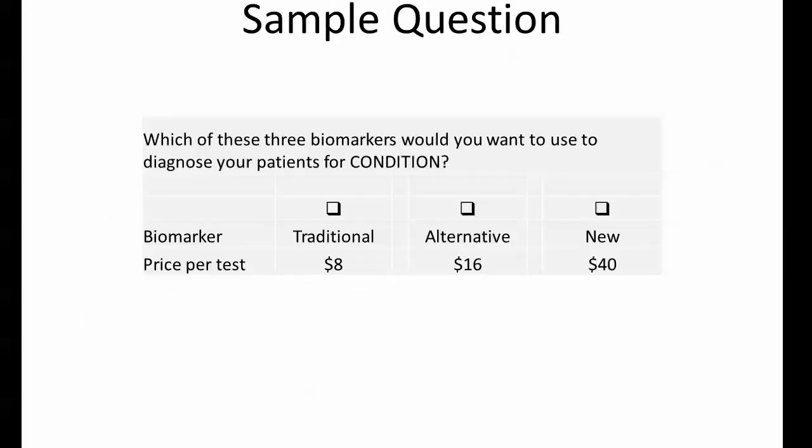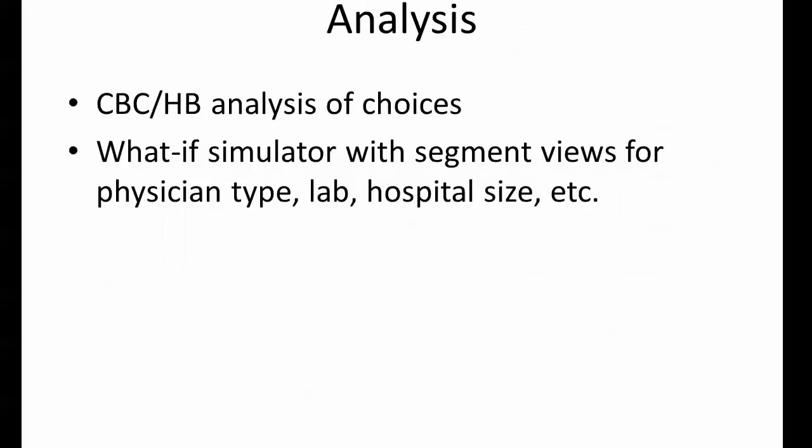Here's what a sample question looked like for the survey. Which of these 3 biomarkers would you want to use to diagnose your patients for this medical condition? And we've got the traditional and alternative and the new biomarker, each at a price. And the respondent simply picks one. Each respondent does 10 of these questions. Pretty easy. We did a CBC HB analysis of the choices so that we could have respondent level utility information.